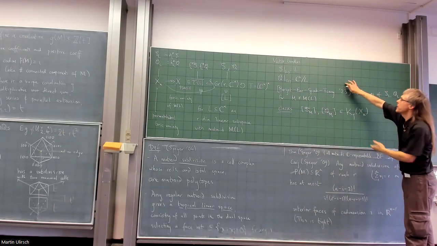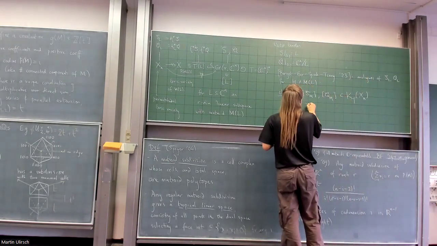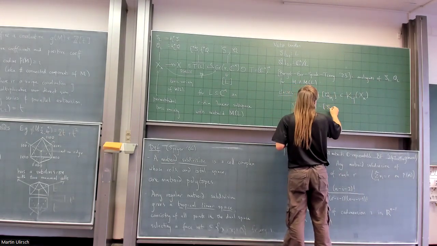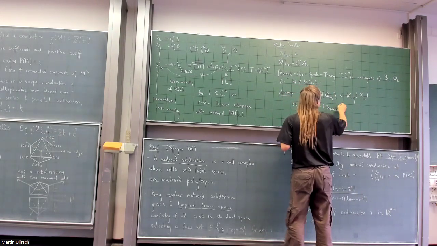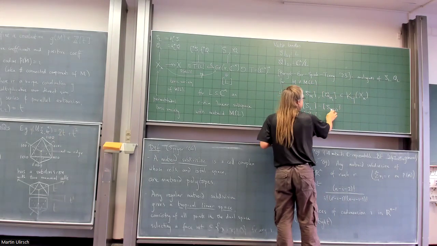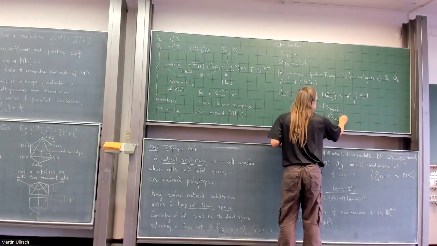And these are going to be my avatars of these, such that the class of S of L is the class of S of M of L. So if there is an M of L, then the class that I assign to the matroid should agree with the class that I get from the linear space.